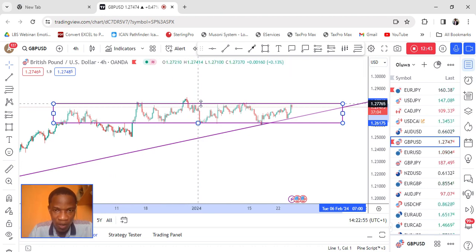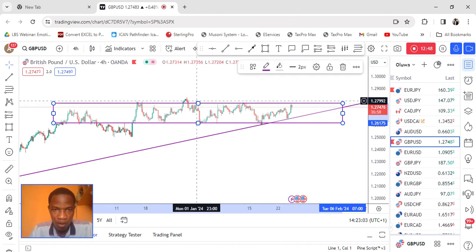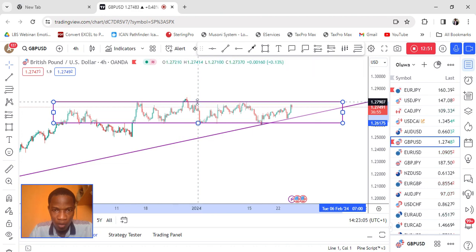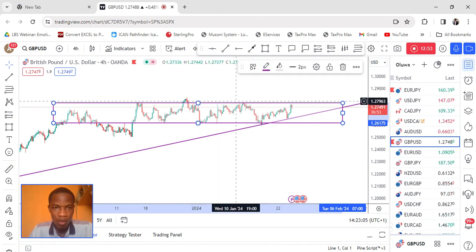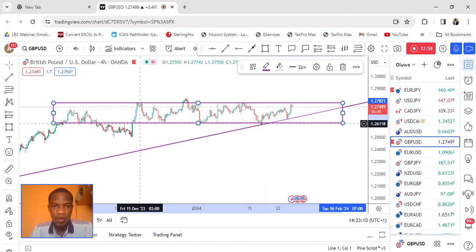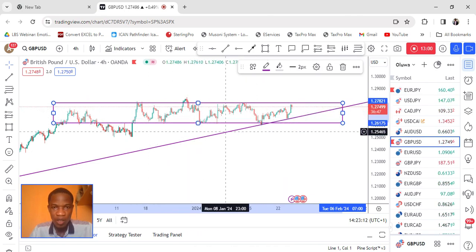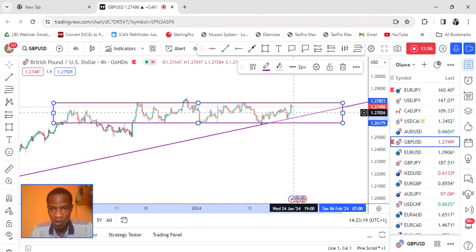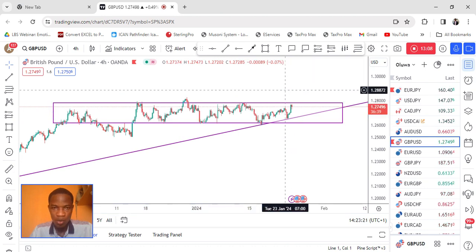Let me adjust this a little bit as well to have multiple touches. Good. So we have one, two, three, four. It's almost here, but it touches this here. This one almost, but stays in between the range.